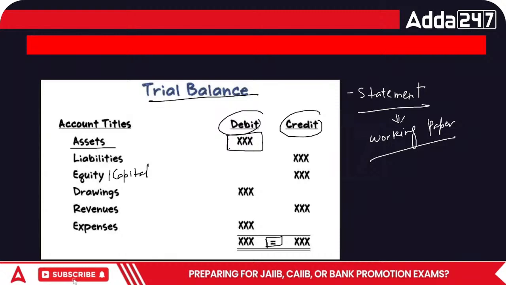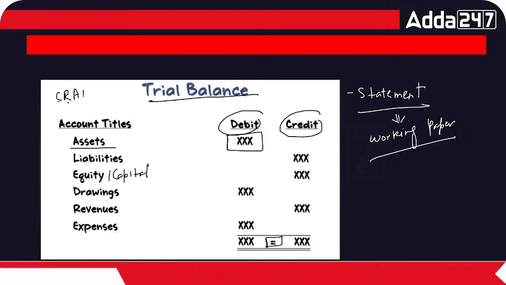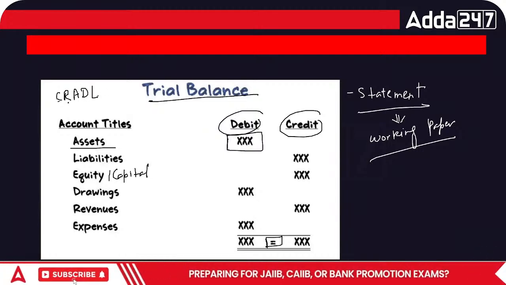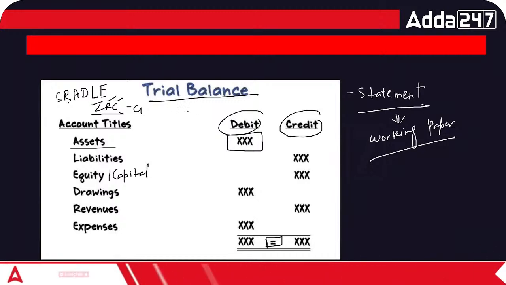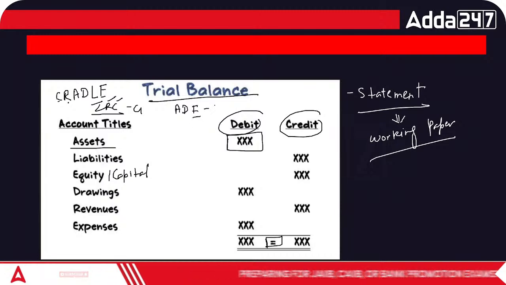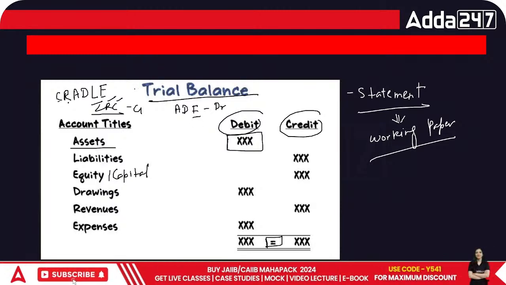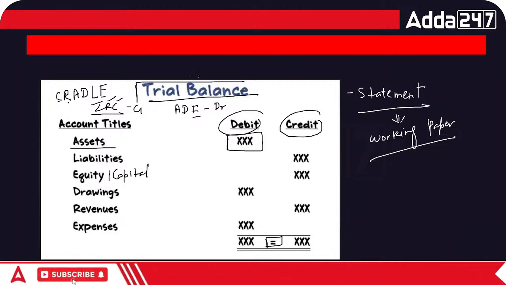Your capital, your revenue, and your liabilities will always be on the credit side, while your assets, your drawings, and your expenses are always on the debit side. The same rule would be reflected when you see the trial balance as well.